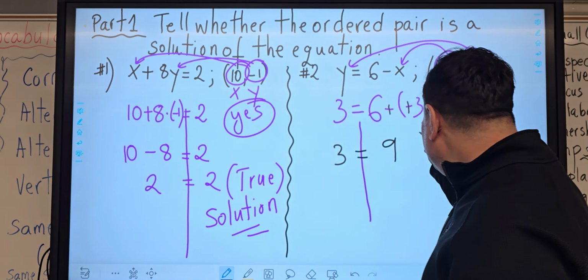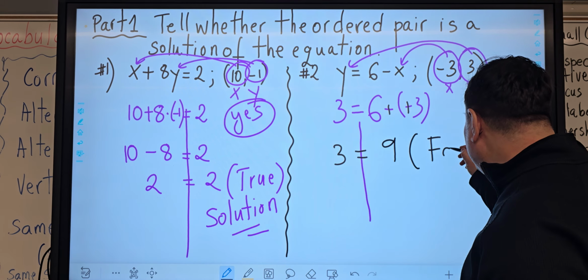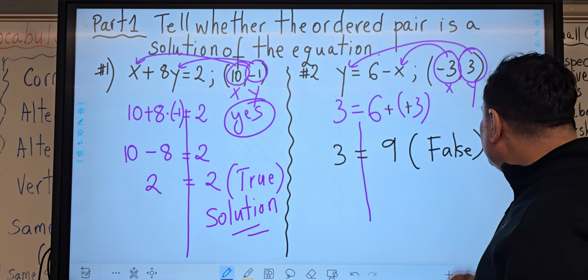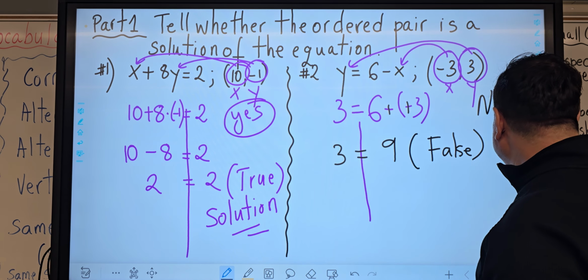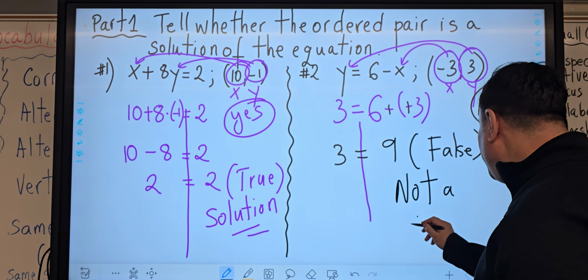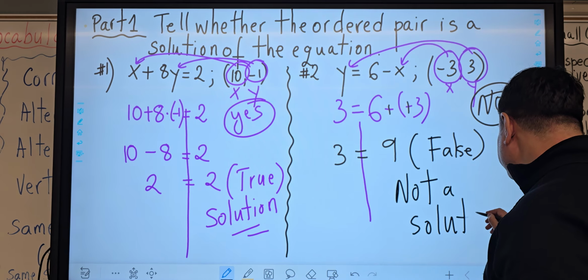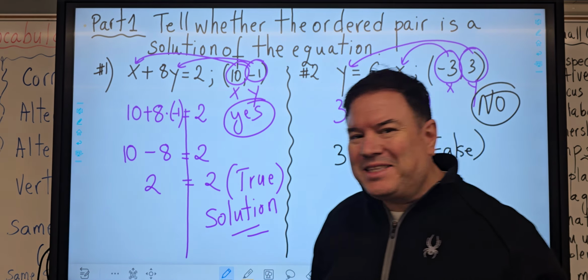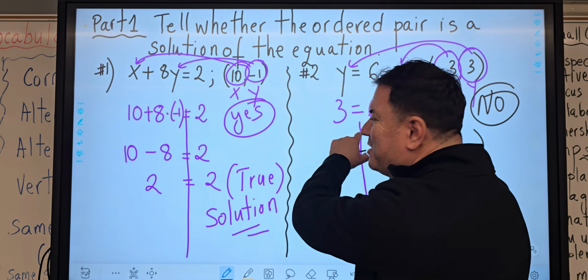So here is a false statement. We get a false statement, right? So the answer is no. Not a solution. So (-3, 3) is not the solution of this equation.